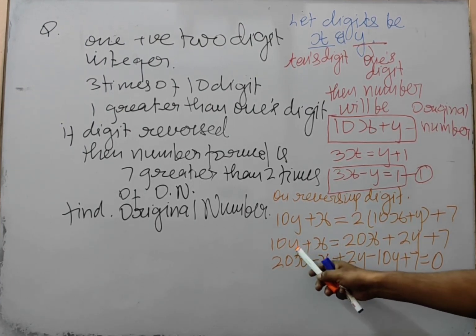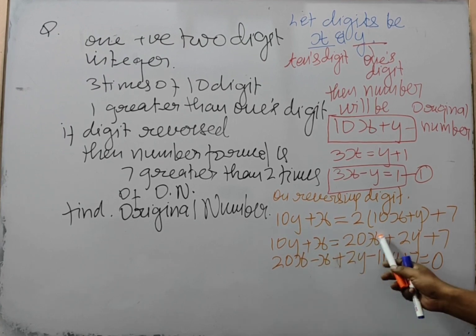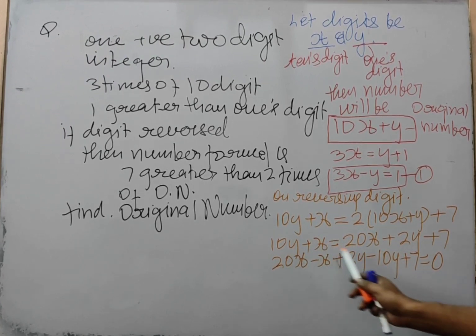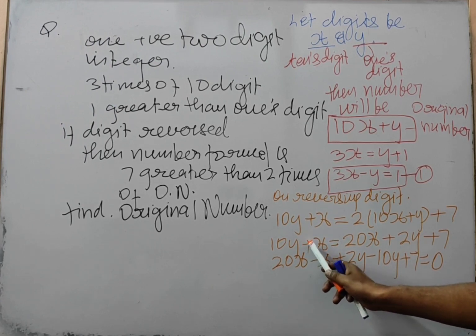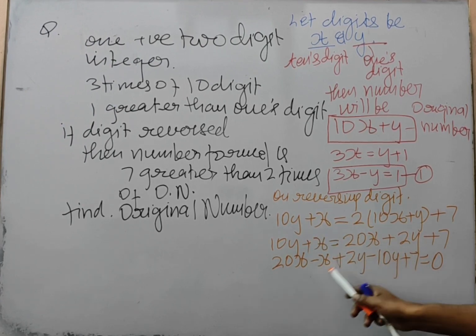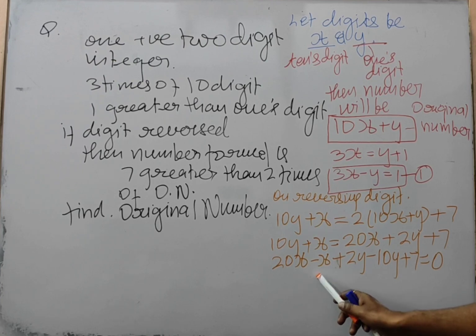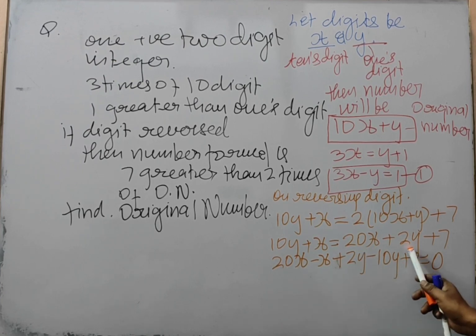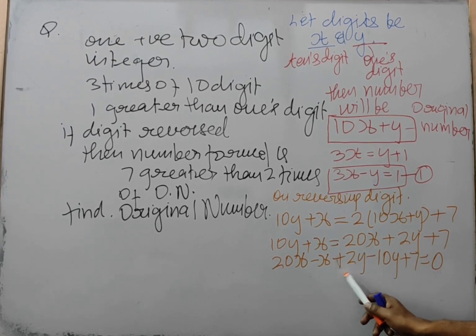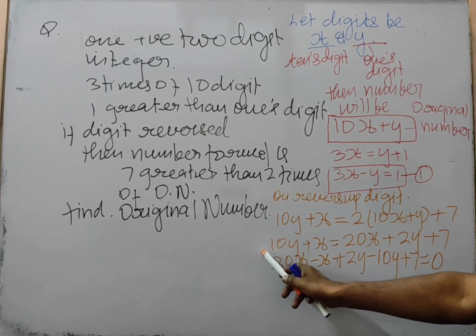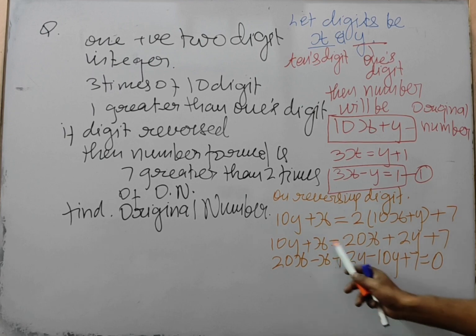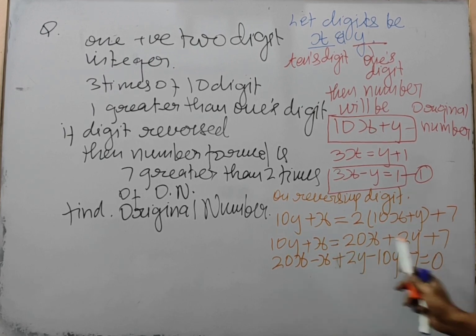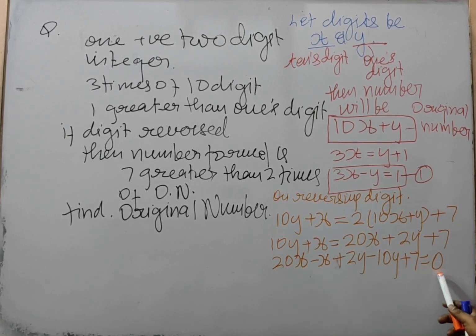I bring all these numbers to one side of the equal sign. When this plus x goes to the other side, it turns to minus x, and there is plus 2y, and 10y goes to the other side and turns to minus 10y, and plus 7 is there, so after the equal sign there is a 0.